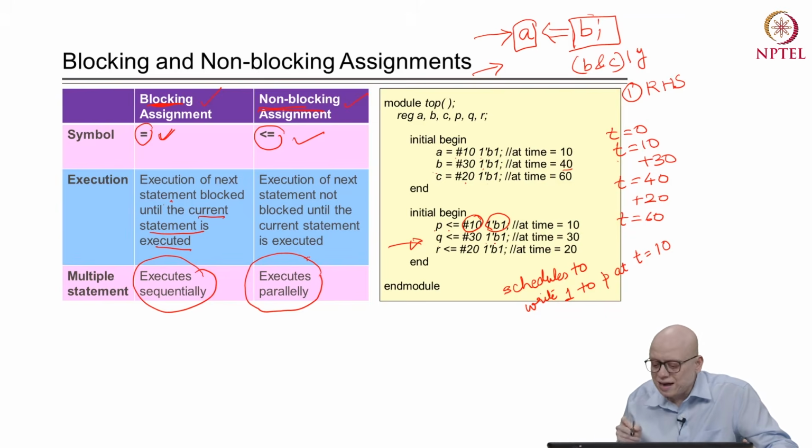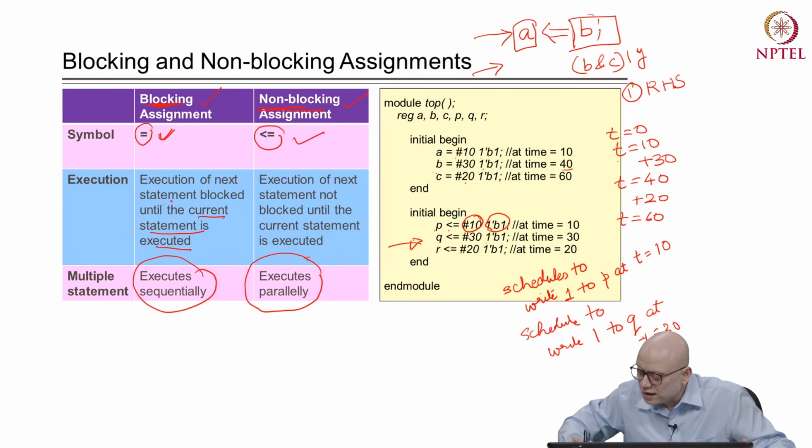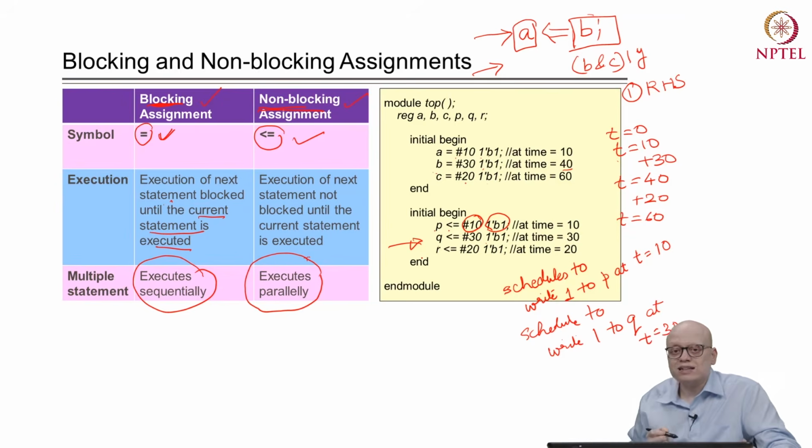So, it will schedule to write 1 to Q at t is equal to 30, and it moves to the next statement, right. Similarly, it schedules to assign 1 to R at time 20 and it moves. Now, it reaches the end, right.